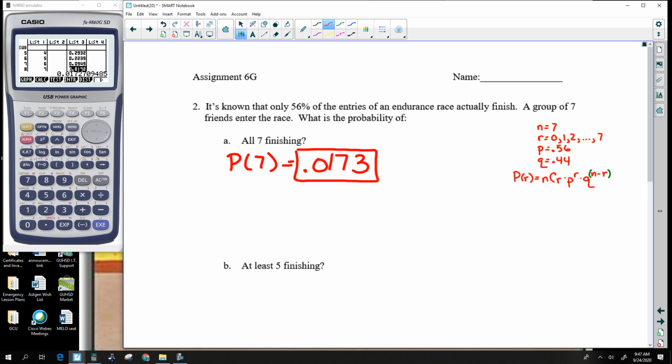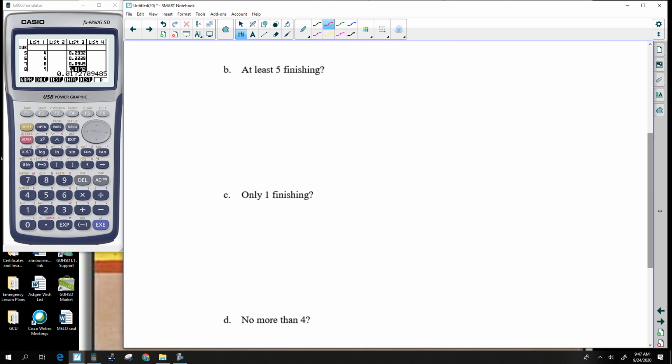And look at the bottom number, don't look at the highlighted number. At least 5.